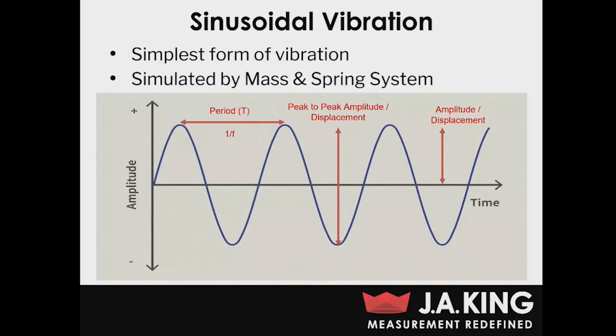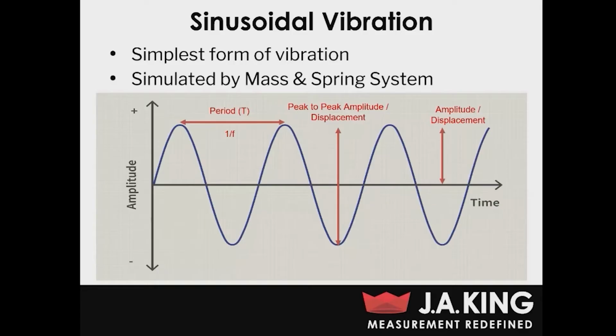A lot of times when we're talking about sine vibration testing, we actually refer to the peak-to-peak amplitude, which is just double the amplitude itself. Also, I want to point out the period, which you can see on the left side of the figure. We're also going to talk about frequency a lot as we go forward, and the frequency is just 1 over the period, or the reciprocal of the period.